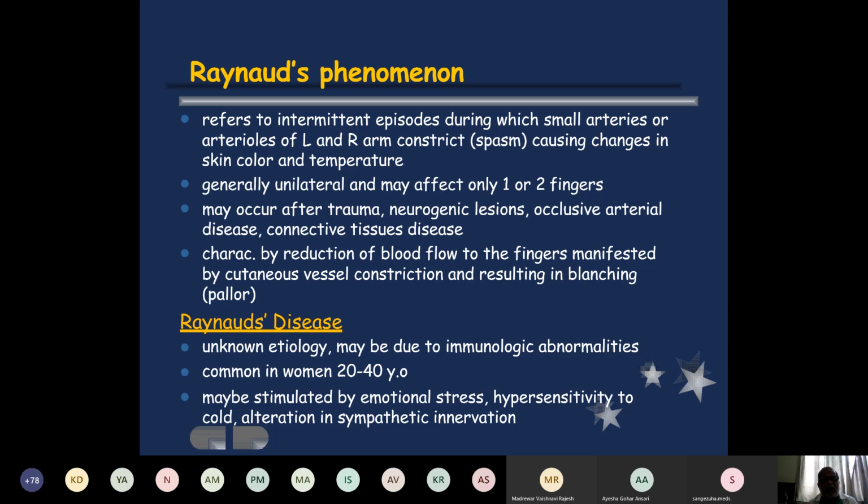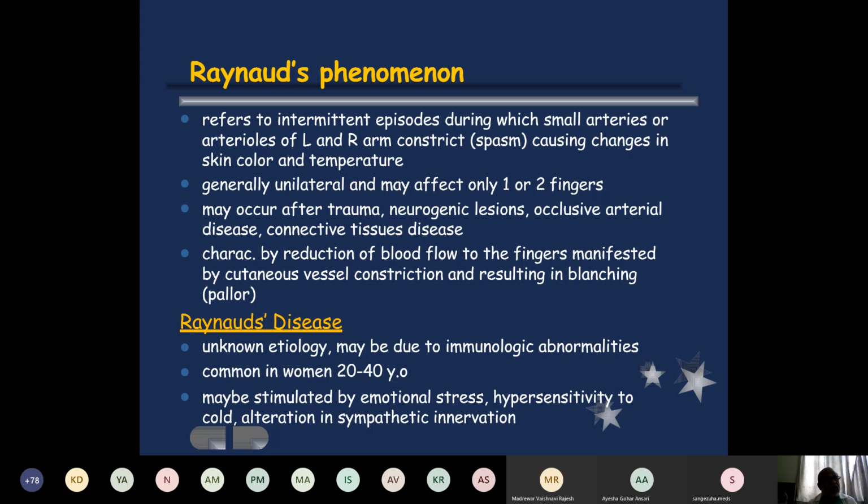It may occur after trauma, neurogenic lesions, arterial disease, or connective tissue diseases. It is characterized by reduction of blood flow to the finger, manifested by cutaneous vessel constriction resulting in blanching, which is reflected as dead pallor. This typical sequence of events is called Raynaud's phenomenon.